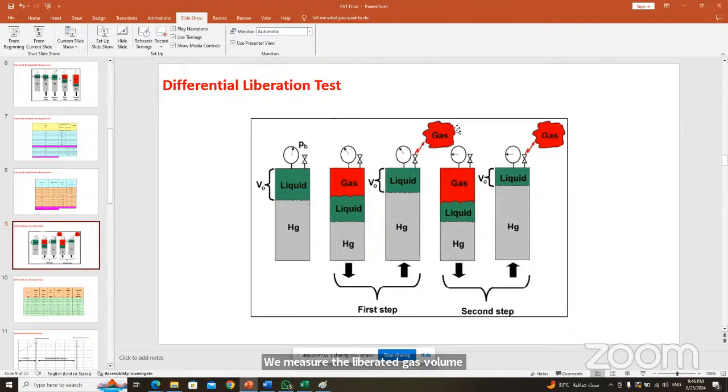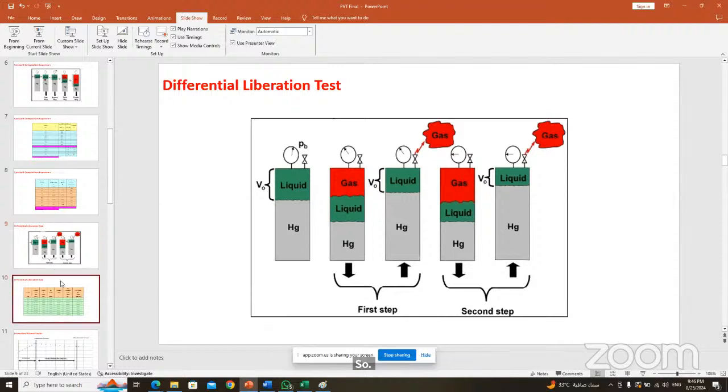Then we decrease the pressure again. As the pressure is decreased, some additional gas is liberated. We then remove this liberated gas. We measure this gas volume and we measure the liquid volume. We do this until we go to atmospheric pressure.